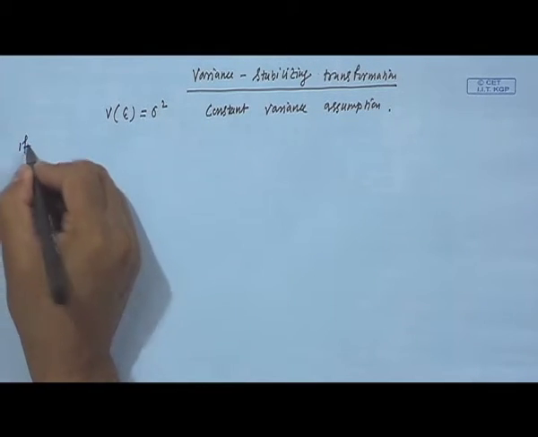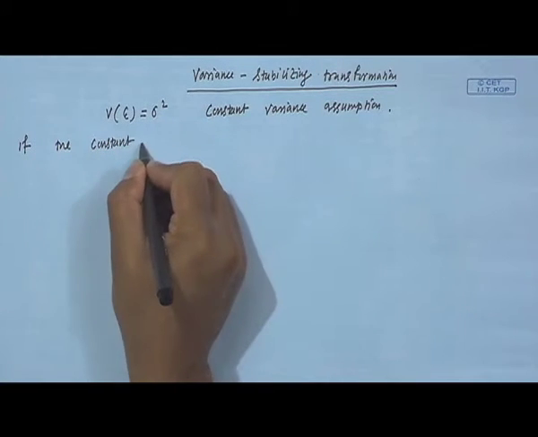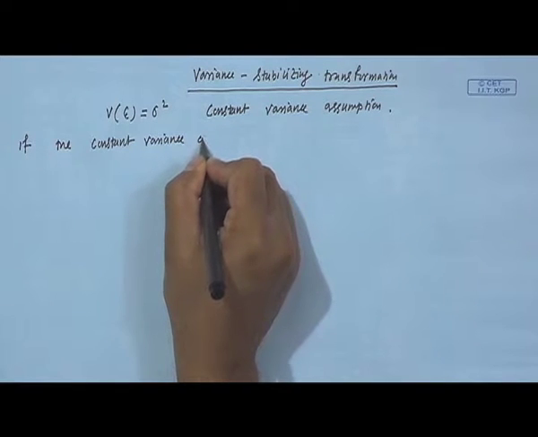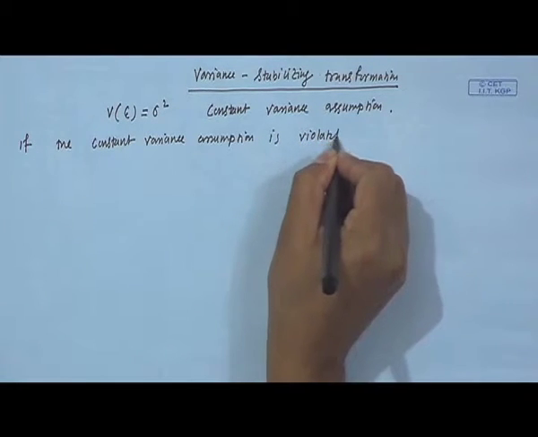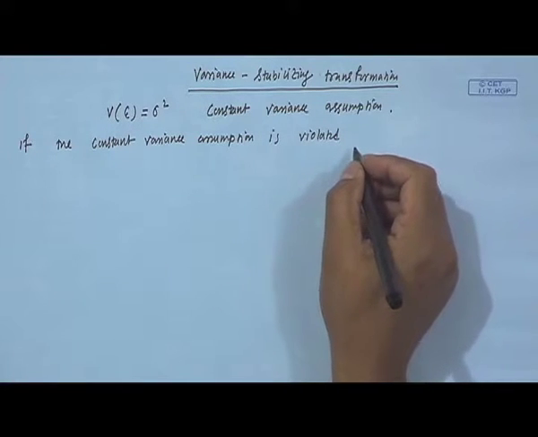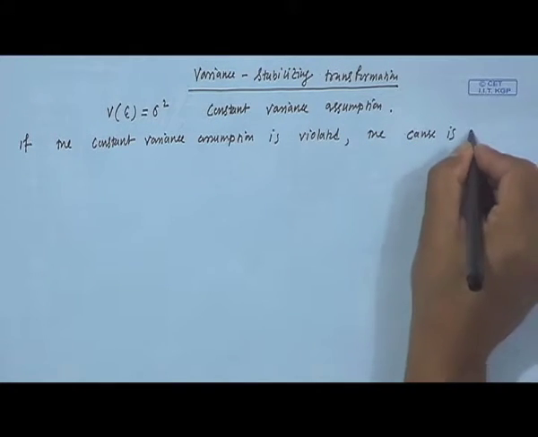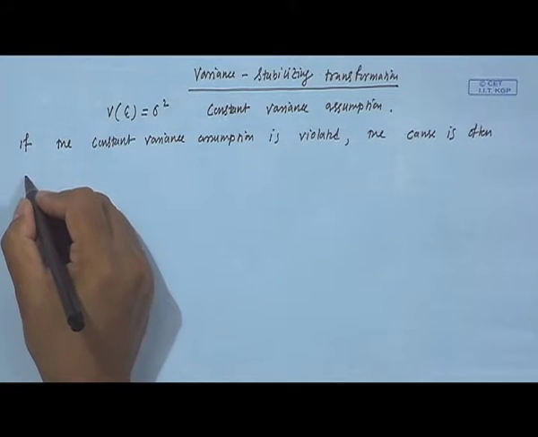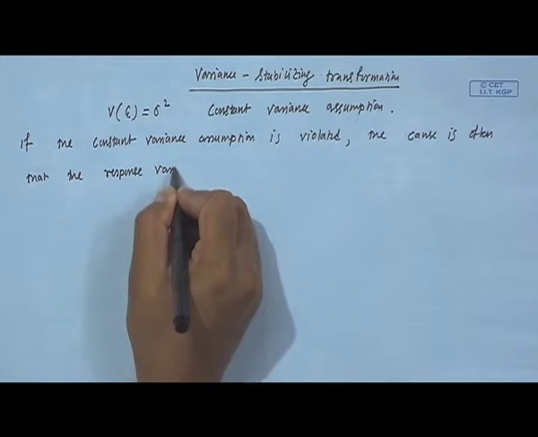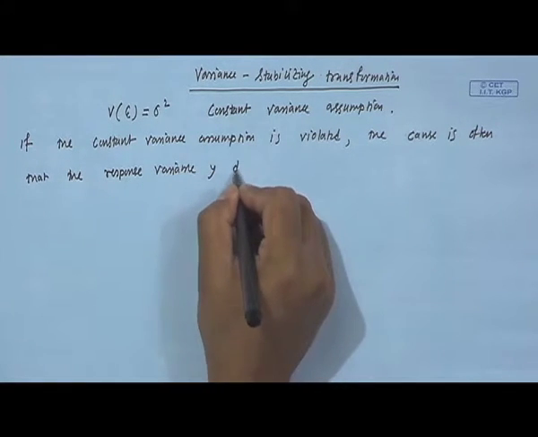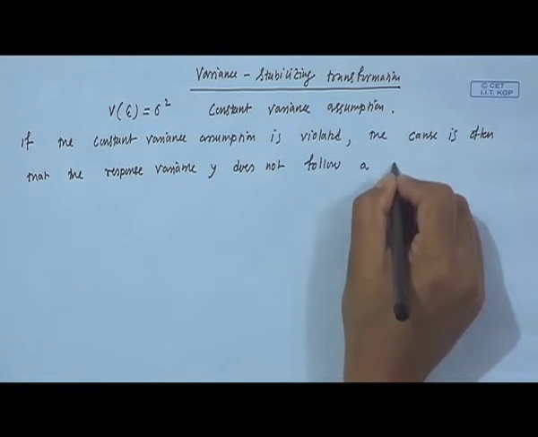Now, if the constant variance assumption is violated, the cause is often that the response variable y does not follow a normal distribution.